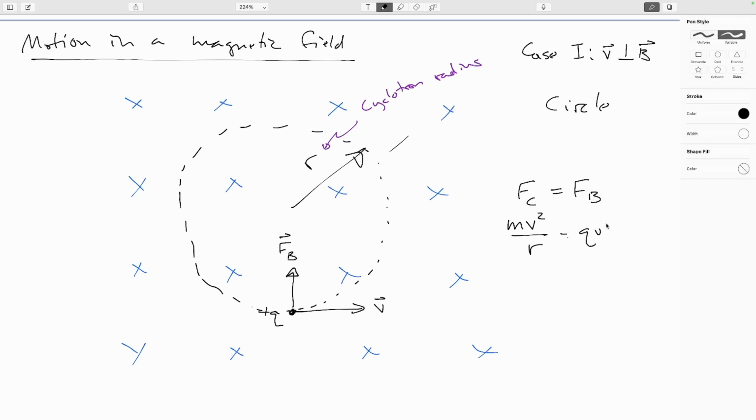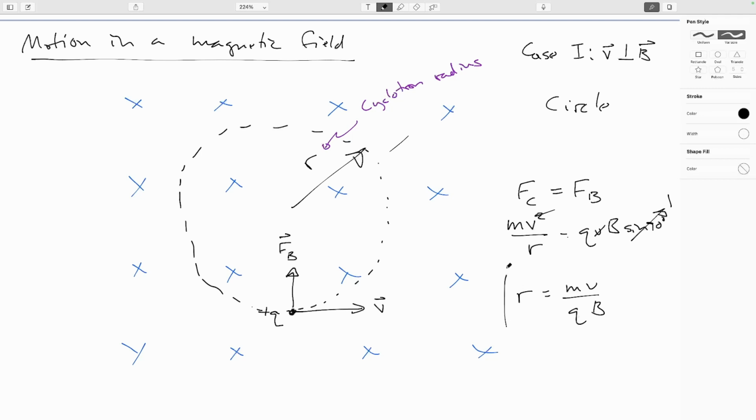This will be qvB, and since v and B are at right angles, sine 90 is 1. We're going to lose one power of v there, and we can cross multiply to get that the cyclotron radius is mv over qB.